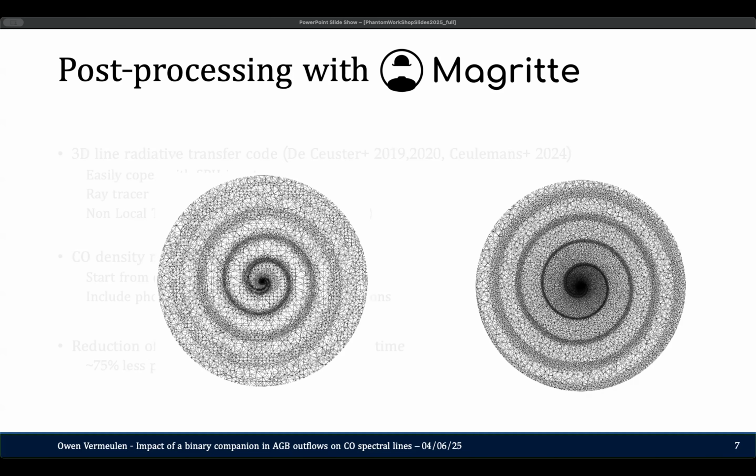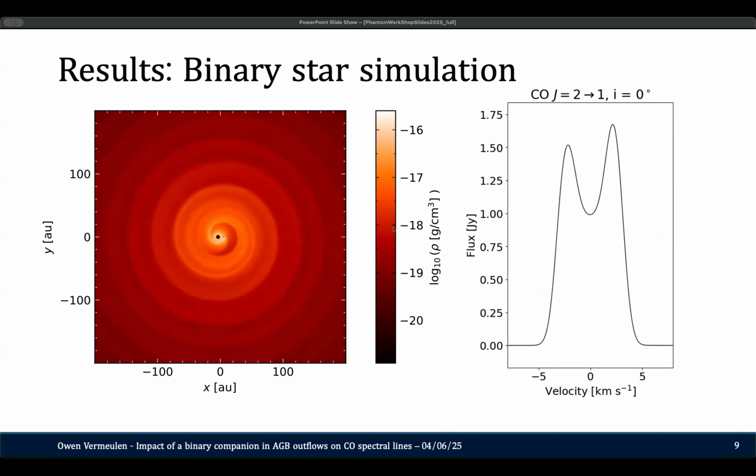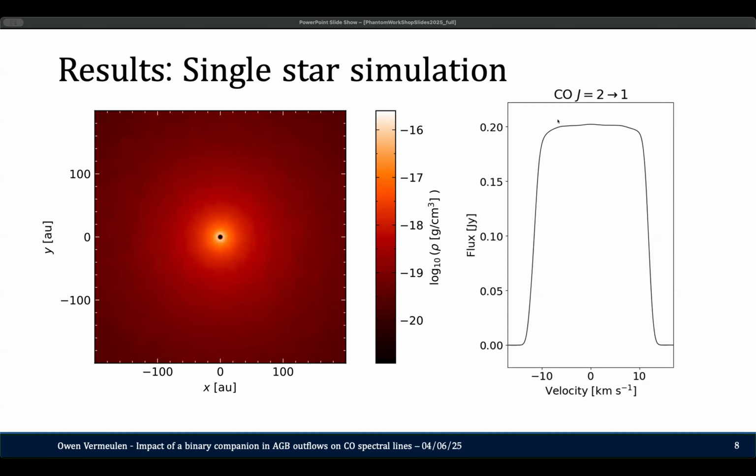So we can have a look at our spectral lines, but first we'll have a look at what happens if you just use a single star simulation. So on the left, I have a single star simulation. There was nothing really that special to say about it, just a spherical outflow. And the corresponding spectral line is shown on the right. So the corresponding spectral line is a simple flat top line profile.